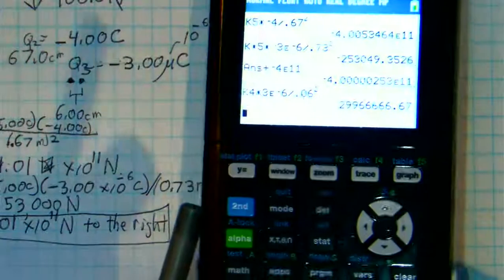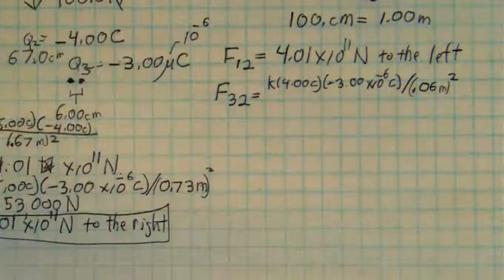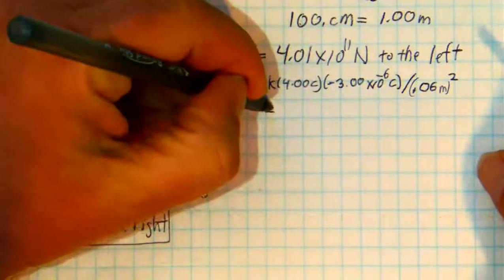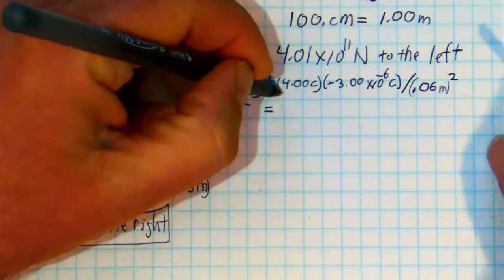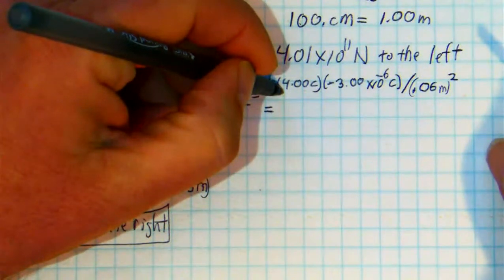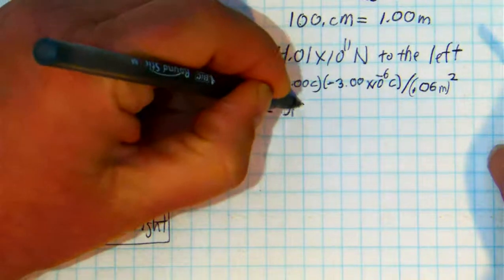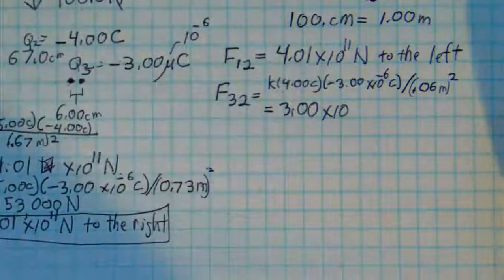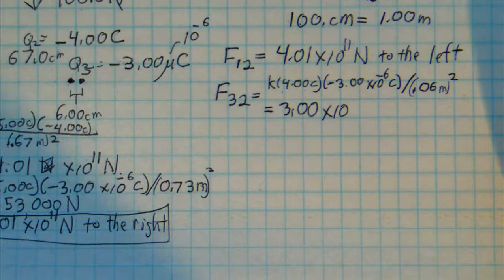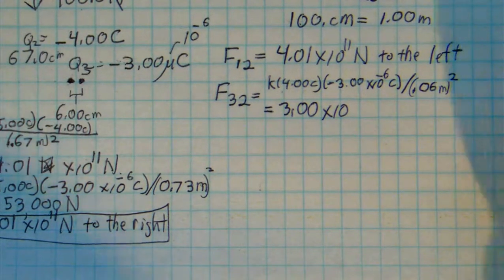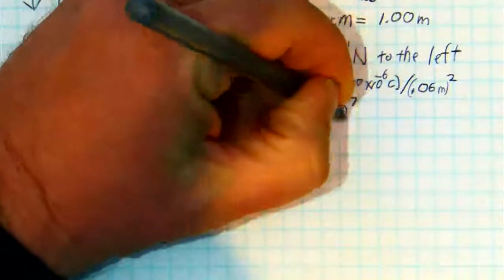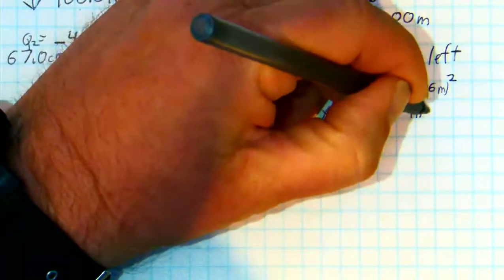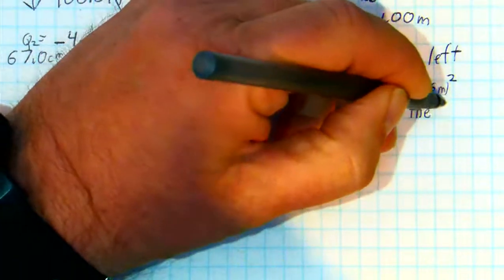And the number goes up. Okay, it says this is equal to 3.00 times 10 to the, let me count it, 1, 2, 3, 4, 5, 6, 7th power newtons to the left.